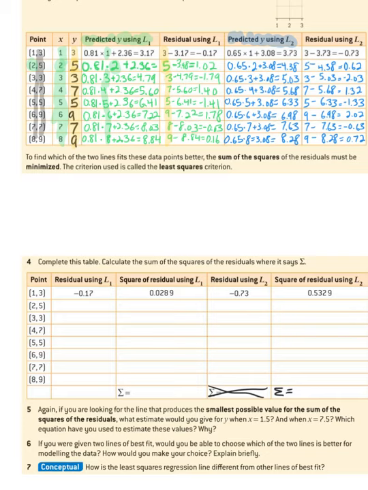So all of these values are going to go in this row, and then all of these values are going to go in this row.